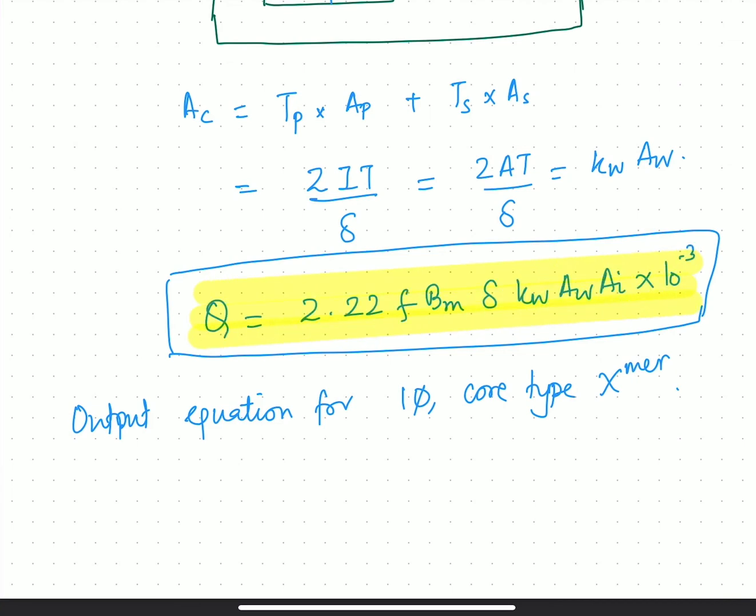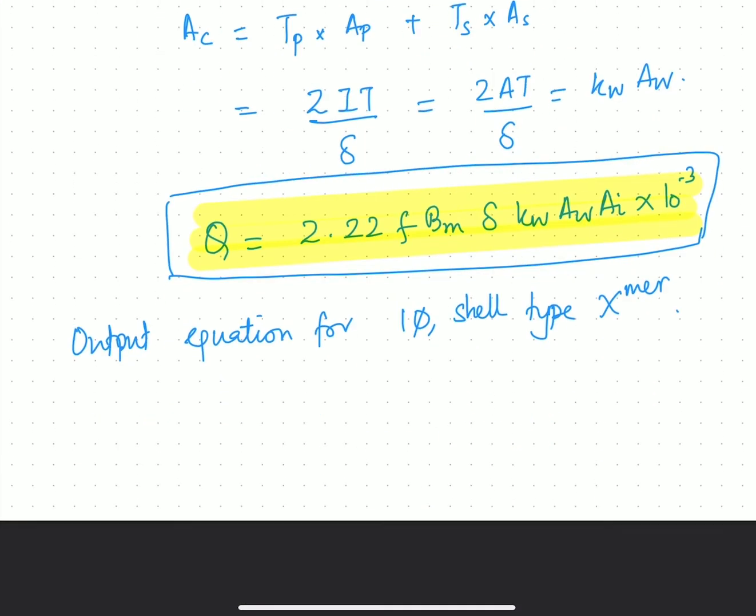I must correct myself, this is shell type. So with this we have discussed both the cases of output equations for single phase core and shell type transformers, right?